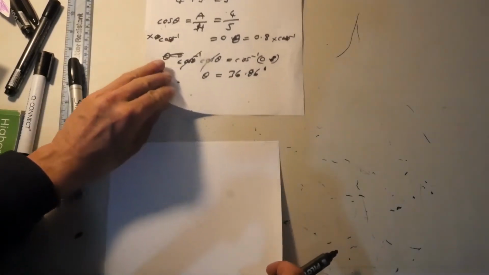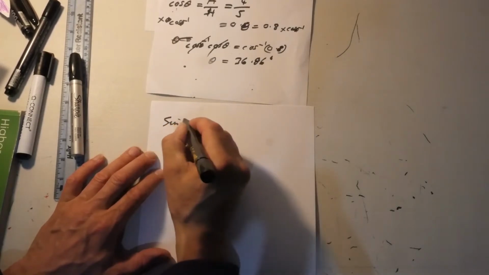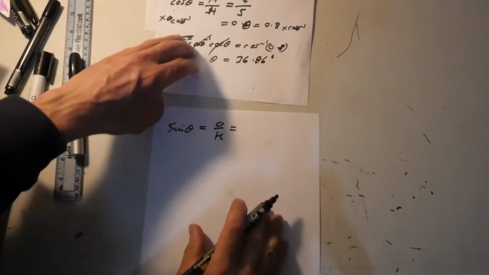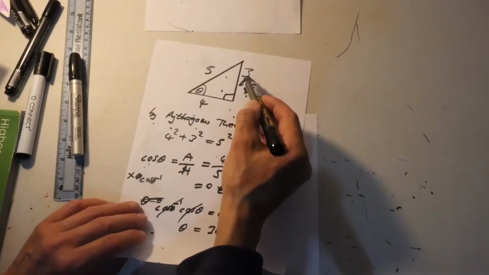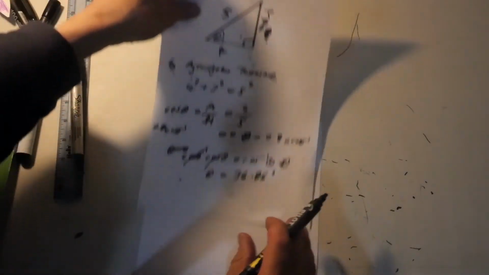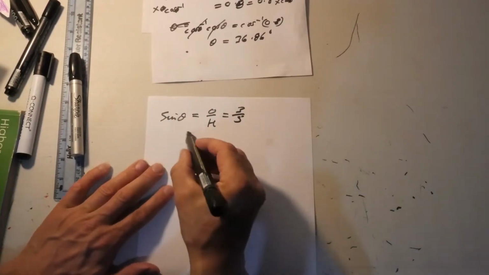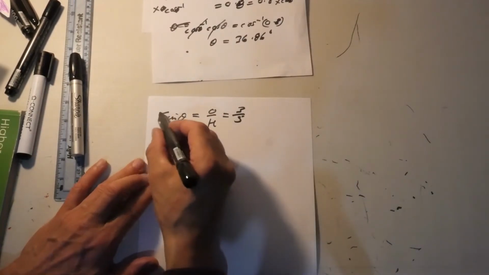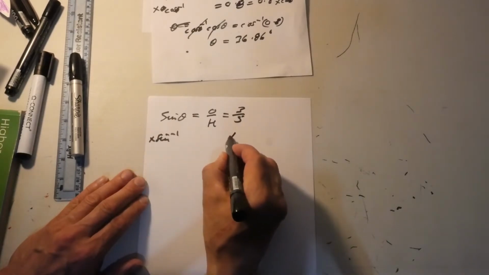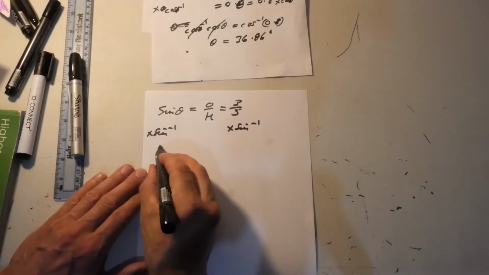If you work with the sine function, sine of theta equals opposite over hypotenuse. We know the opposite length is 3 and the hypotenuse is 5, so 3 over 5, okay? So again, you're taking inverse sine on each side, so you get theta.